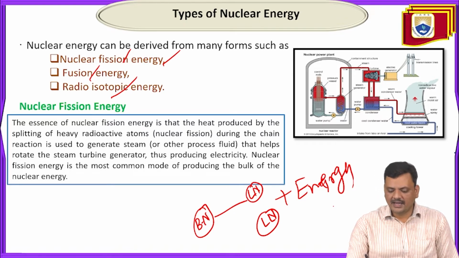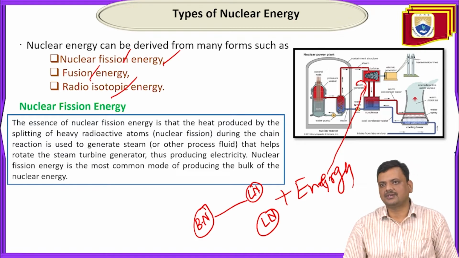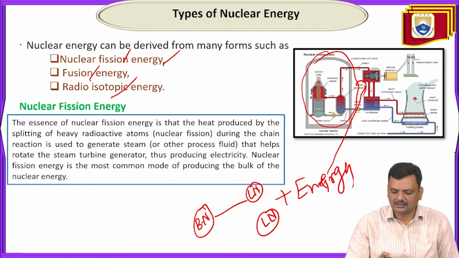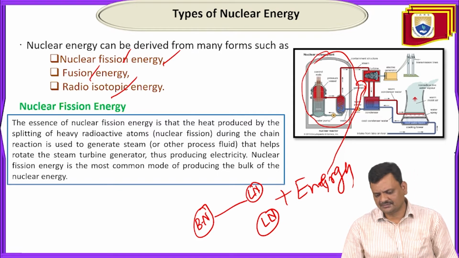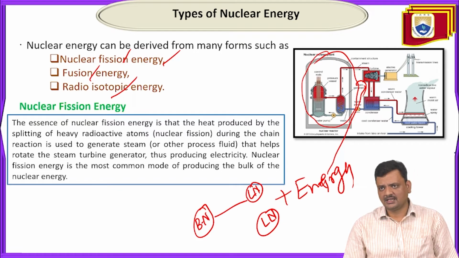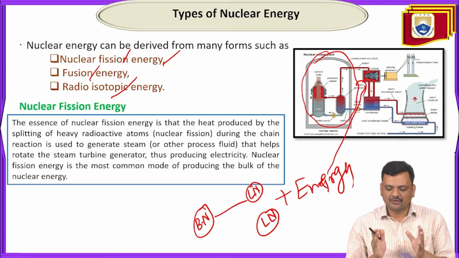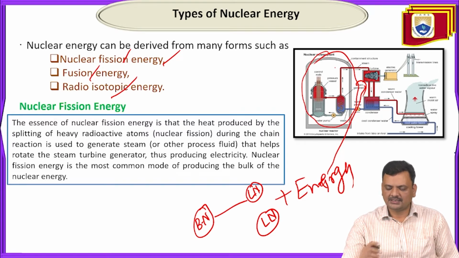That energy is utilized for rotation of a turbine. Here is a symbolic representation of a nuclear power plant where the fission reactor is located. There are two types of fission reaction: controlled and uncontrolled. The controlled fission reactor is here, and with its help, energy is generated.